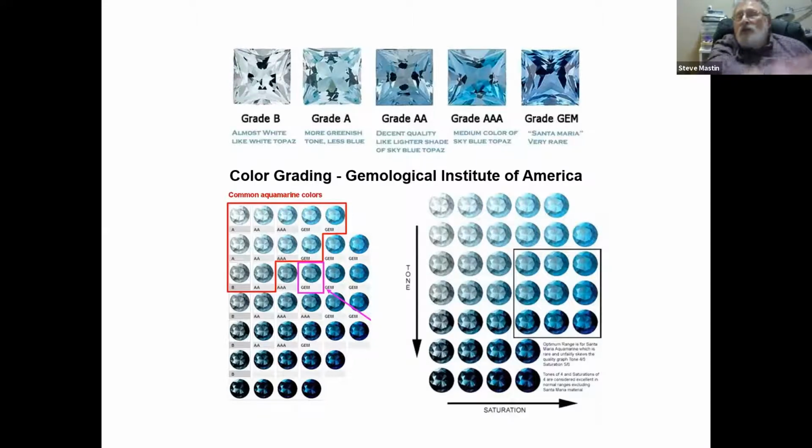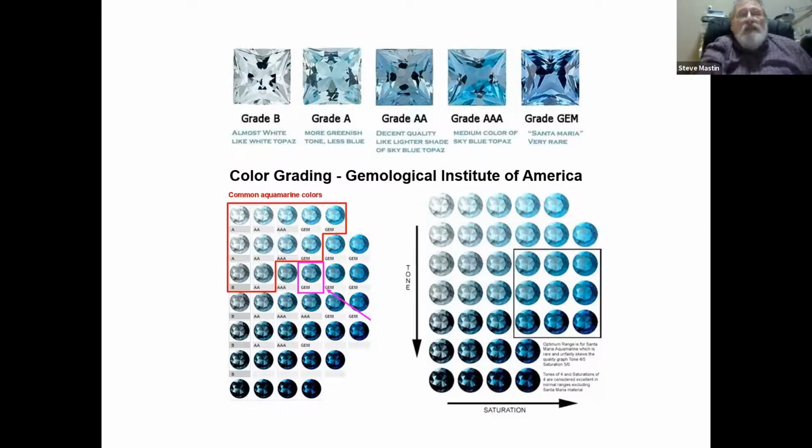Now, this color grading is incredibly complicated. And so usually what happens is, if it's a stone of any significance, like size and reasonable color, it's sent off for grading to a place like the Gemological Institute of America. And there are a number of places that do grading like this.